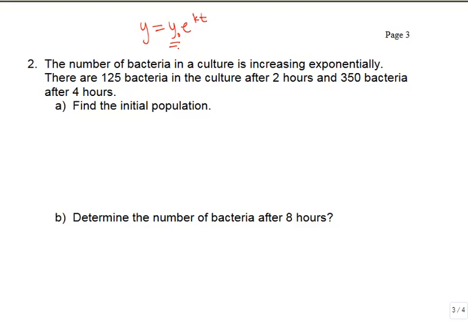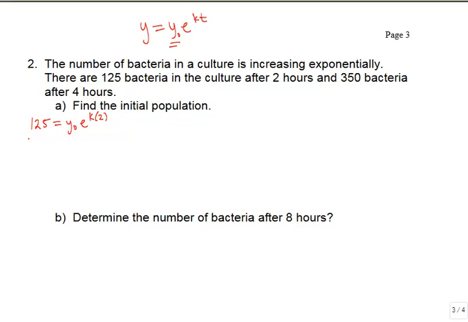So here's what we're going to do. First thing we're going to do is substitute in the values that we know. There's 125 bacteria, so that's a population, so that goes in for your y, equals y sub 0 e to the k, and the time for that was 2 hours, so t here is 2.